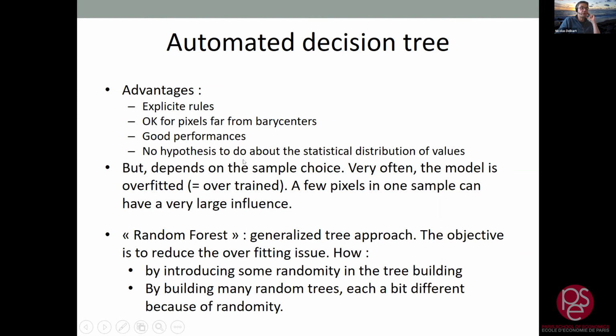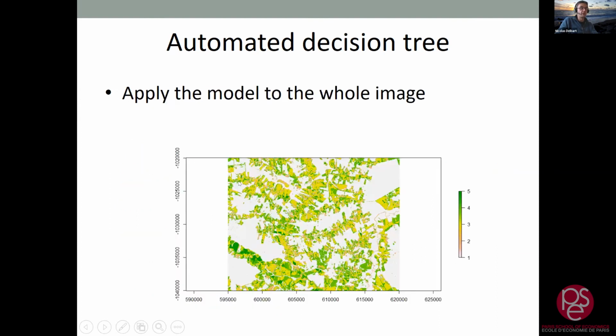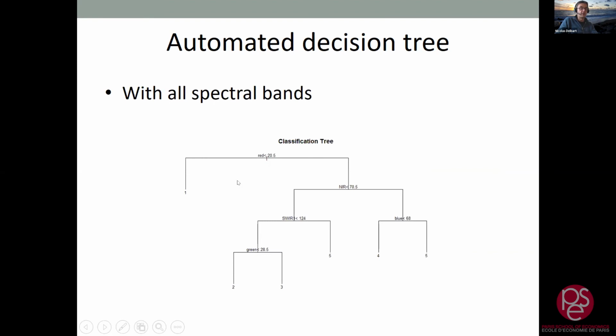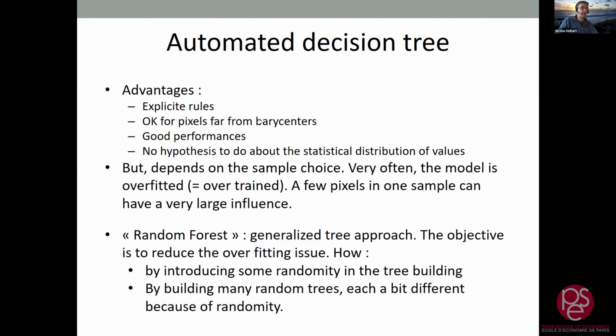explicit rules. The rules are explicit because it looks like that. So the rules are very easy to look at and to visualize. It totally solves the problem that we had before with the minimum Euclidean distance, as it works perfectly for the pixels that are far from the barycenter.